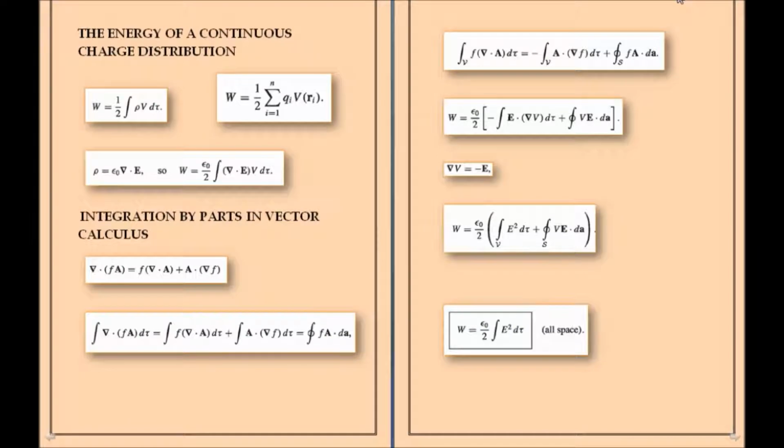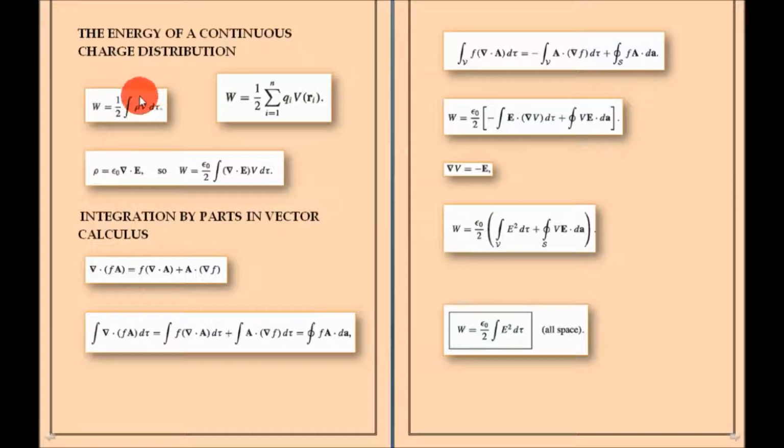Now we will derive the energy of a continuous charge distribution. The energy of a continuous charge distribution is given by this expression. This expression looks very similar to the expression that we derived previously in the case of point charge distribution.